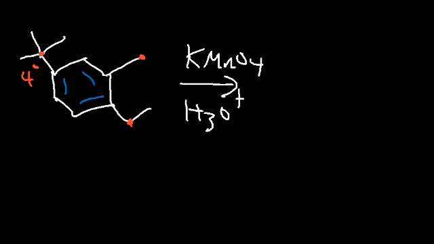Therefore the tert-butyl group is not susceptible to oxidation. So potassium permanganate will not oxidize it. It's going to stay the same. So you're going to have this. The tert-butyl group is going to remain.